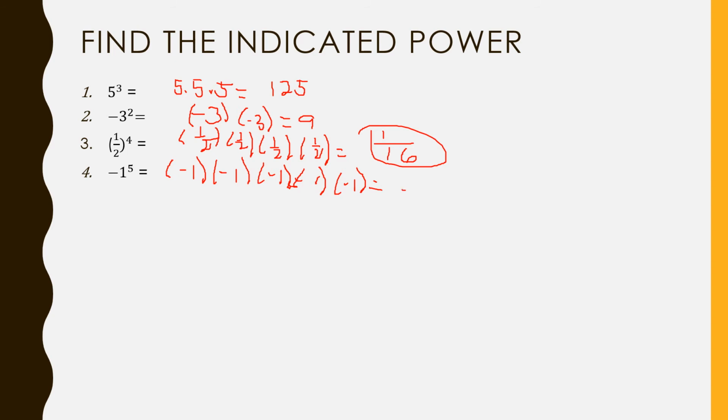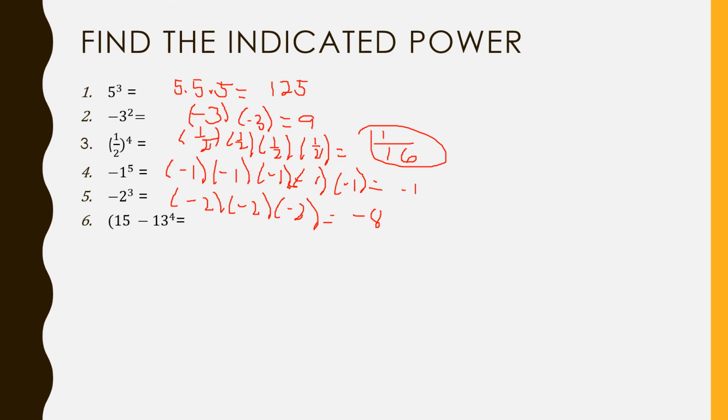So the answer is negative 1. Then we have negative 2 times negative 2 times negative 2. Negative 2 times negative 2 is 4, times negative 2. The answer is negative 8.